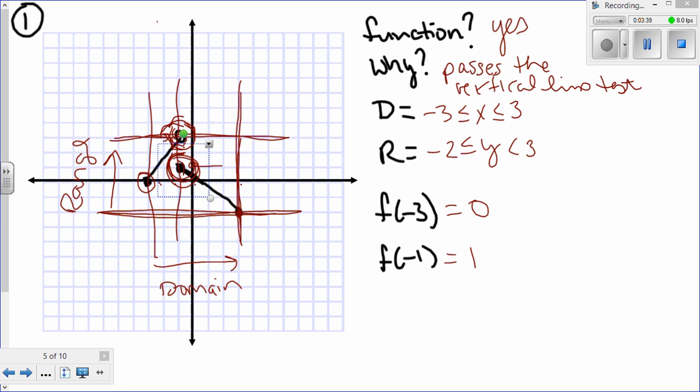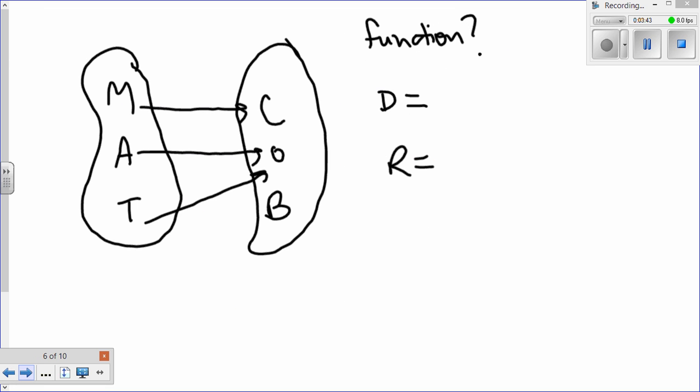All right, next problem. Is the following a function of y? Find the domain and the range. Well, this is x, this is y. Is this a function? The answer is yes.